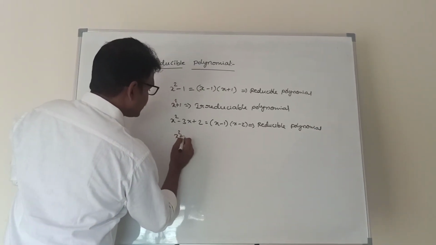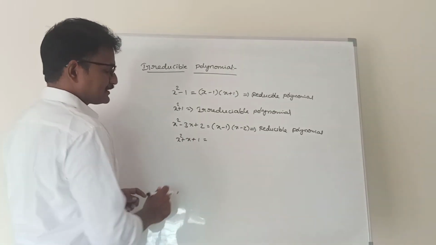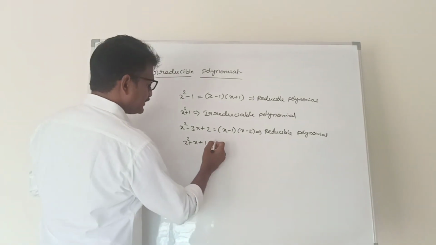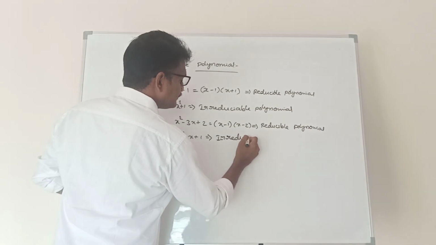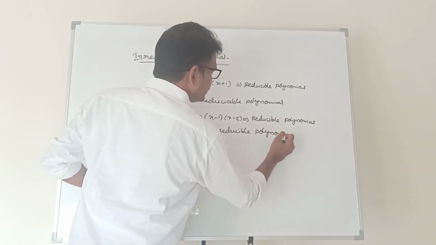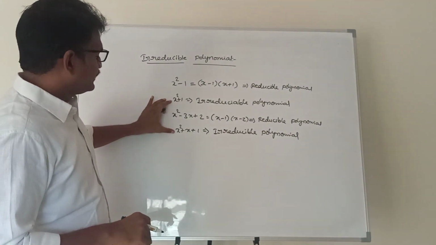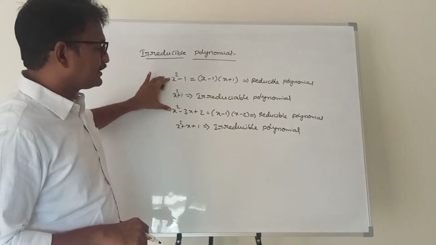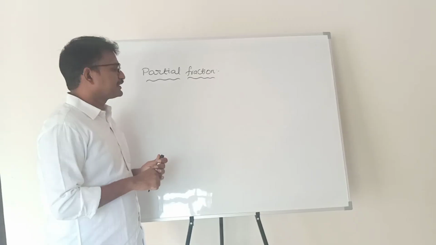Suppose you take x square plus x plus 1, then we cannot split this into two parts, so it is an irreducible polynomial. These two quadratic polynomials are called irreducible polynomials, and these two quadratic expressions are called reducible. This is the difference between reducible and irreducible polynomials.